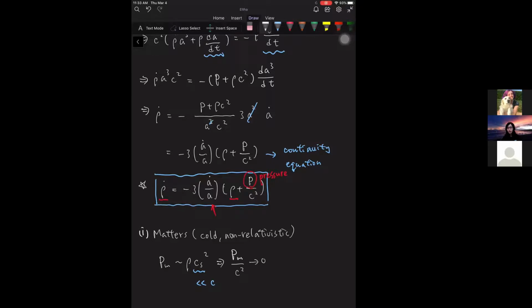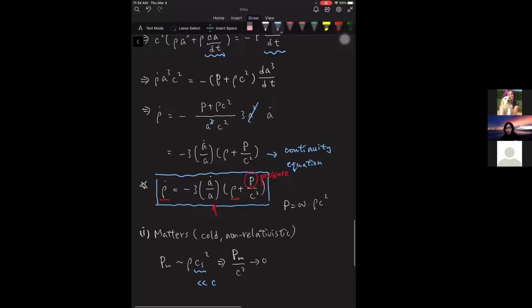And okay, so I should mention that basically all the components we are considering, we can write the pressure as a constant, omega, times rho c squared. So then we can derive a general form by just varying this constant omega.